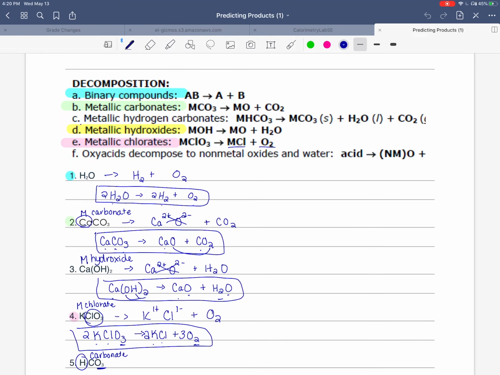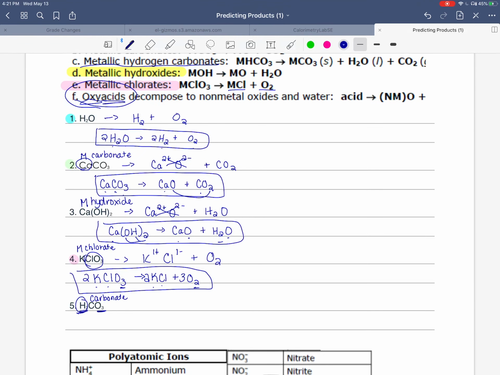It's not a metallic hydrogen carbonate, so it has to be an oxyacid. Don't let oxyacid intimidate you. It just means that it is an acid, so it starts with an H, and it has oxygen in it. This is going to decompose into a nonmetal oxide and water.